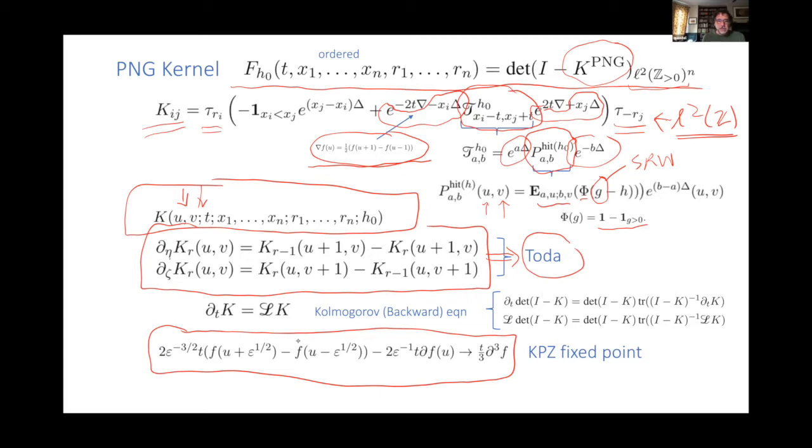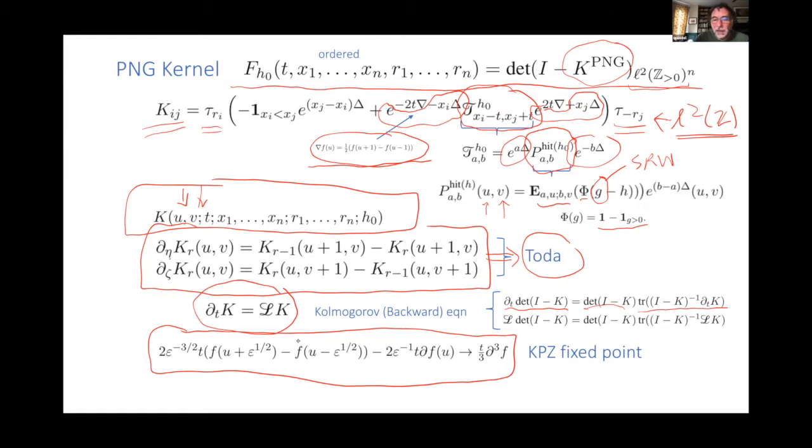Well, that's because in H and T, they actually satisfy this equation dtK equals LK, which looks awfully like the Kolmogorov backward equation itself. But actually, we wanted the Kolmogorov backward equation for the determinant. But as it turns out, if you take the derivative of a determinant, you just get the determinant times the trace of I minus K inverse times the derivative.